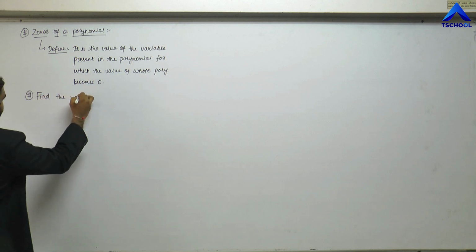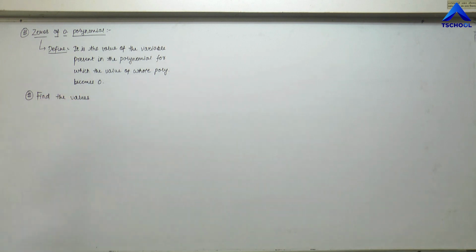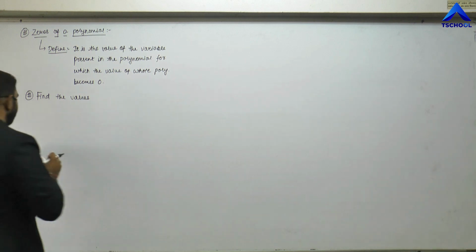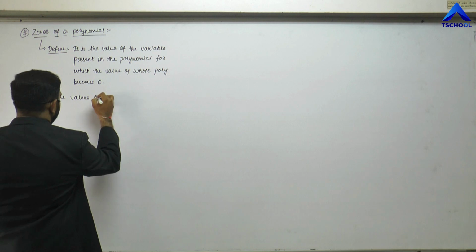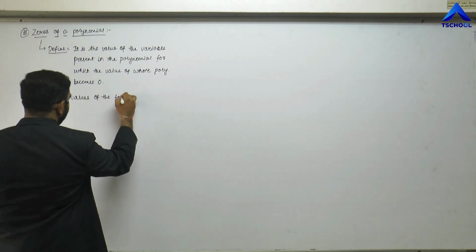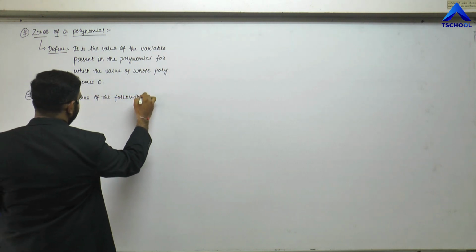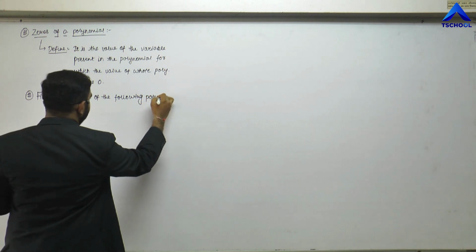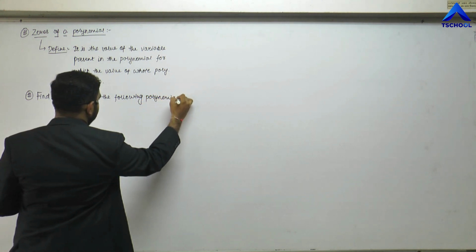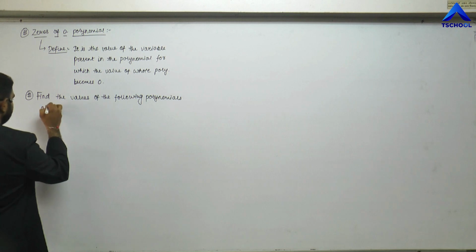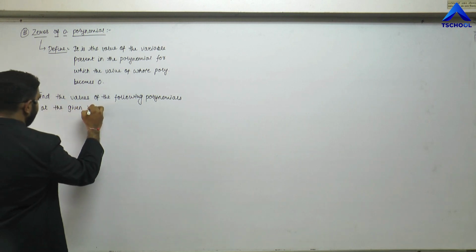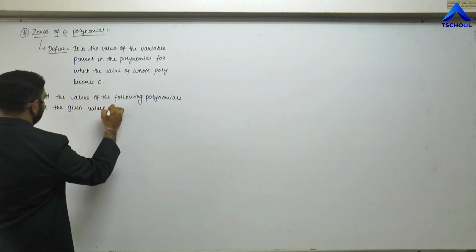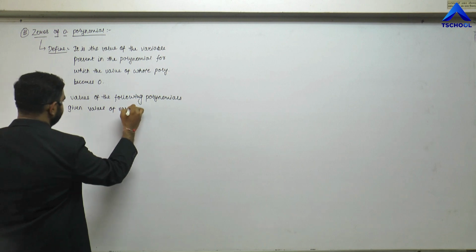Find out the values of the following polynomials at the given indicated values of variables.